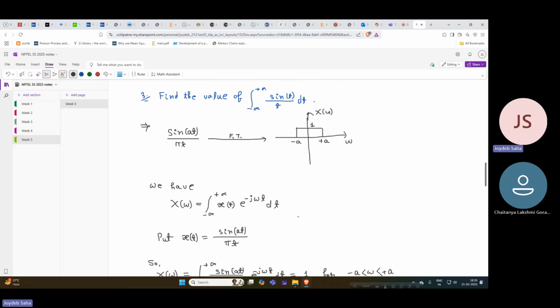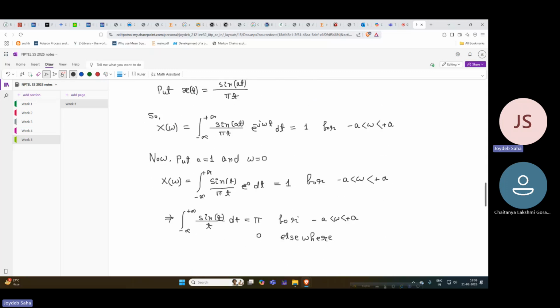So please look into this again, take 2-3 minutes and try to understand. If there is any query you can ask, or we will proceed for the next question. Before proceeding, please take 2-3 minutes, try to digest what we have done here and ask if there is any query.